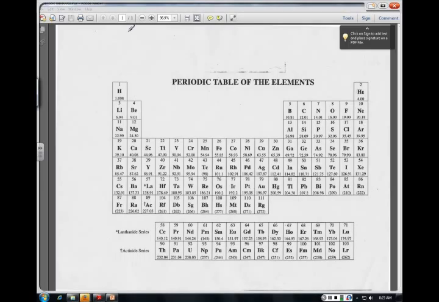I'm going to use the Roman numerals and the A's because they're much more relevant here. 1A, 2A, 3A, 4A, 5A, 6A, 7A, and then 8A.